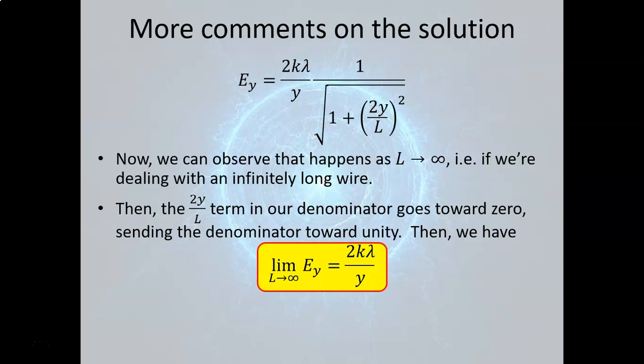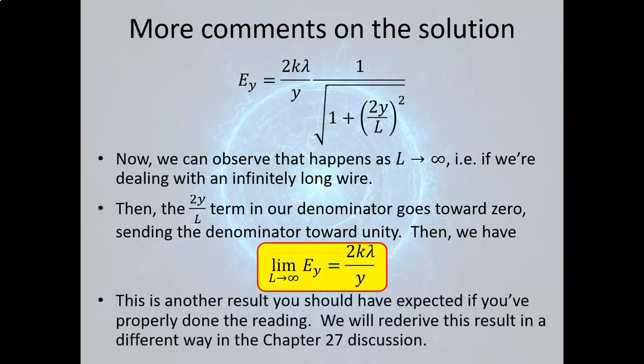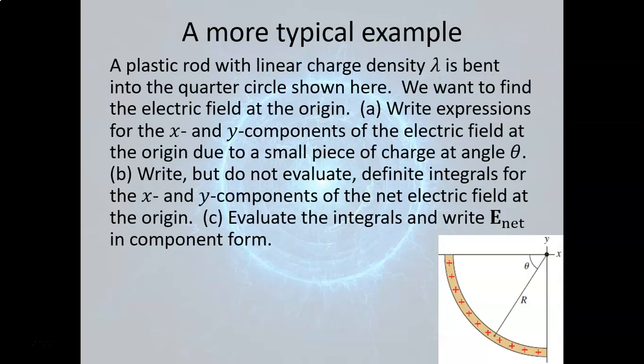I meant that as the bar gets infinitely long, we end up approaching this sort of limiting behavior. In other words, as the bar gets infinitely long, the electric field is not infinite. It actually has a particular value. So that's kind of cool. And again, that's something we're going to derive in the next unit from Gauss's law.